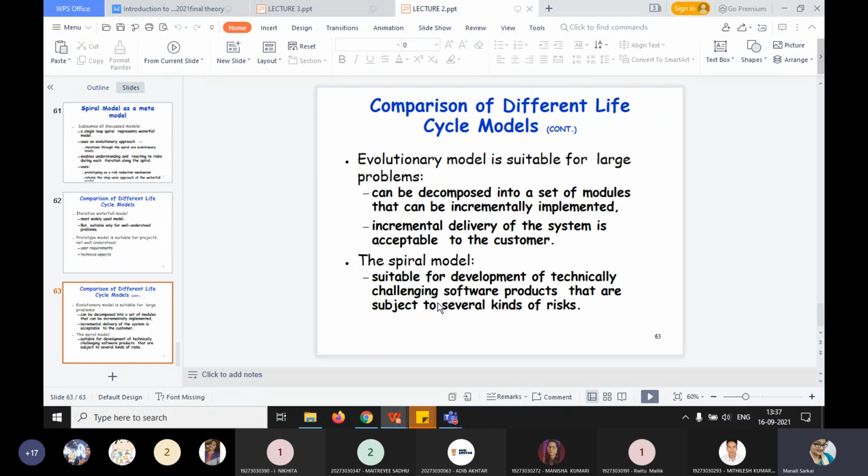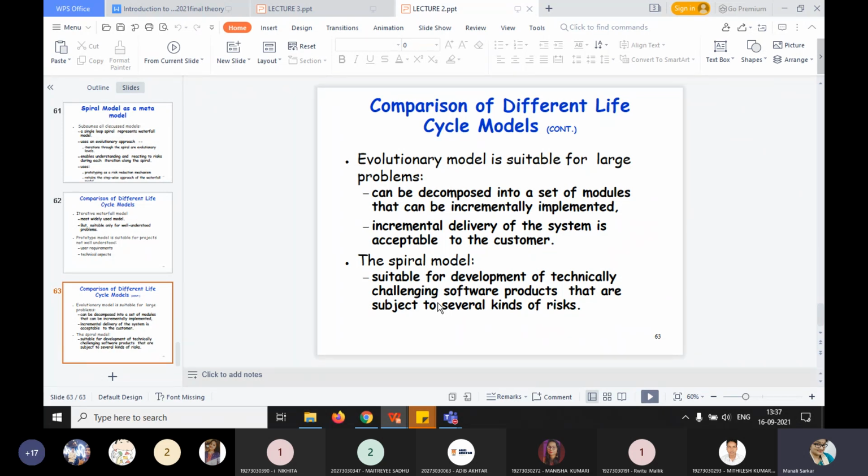The last one is the spiral model. The spiral model is suitable for development of typically challenging software products that are subject to several types of risks. Whenever you have a very risky project which is also technically challenging, you will use the spiral model.